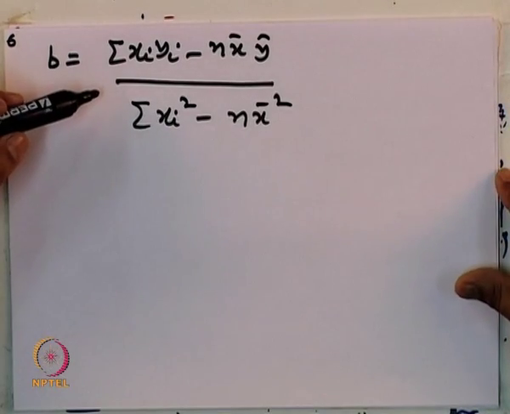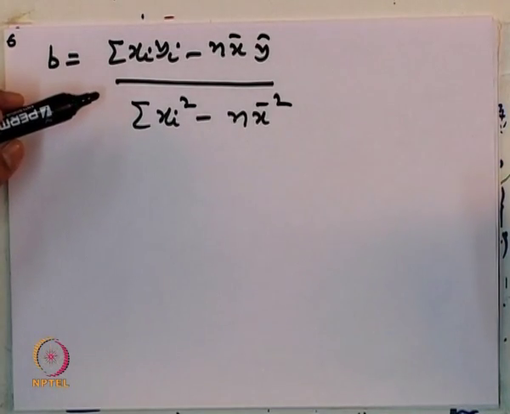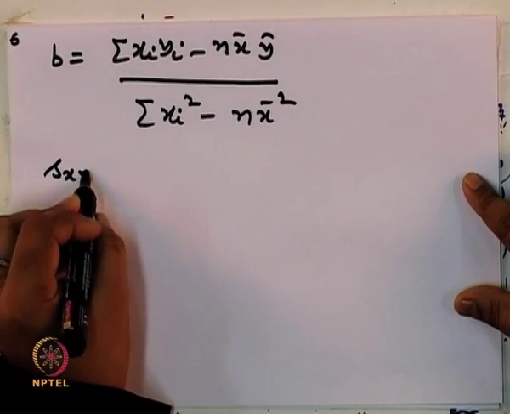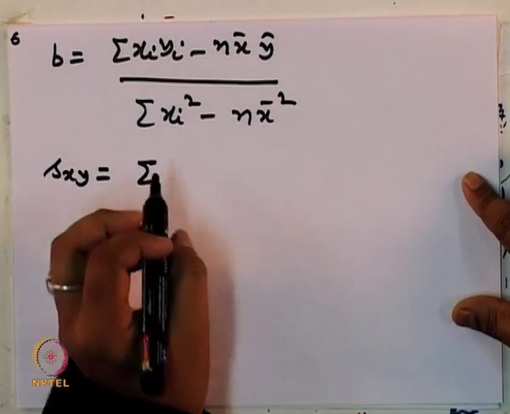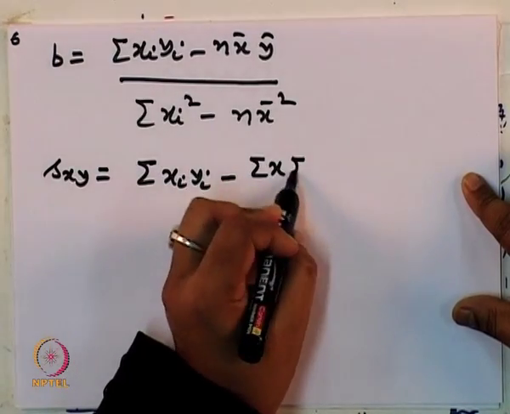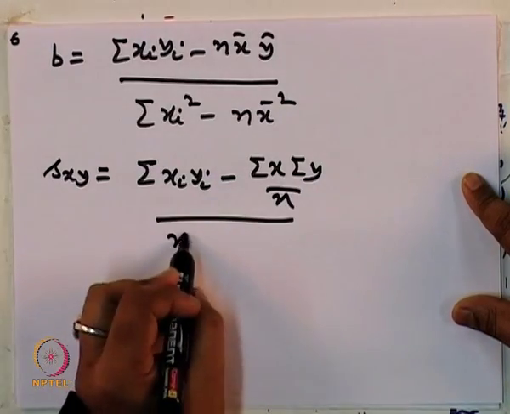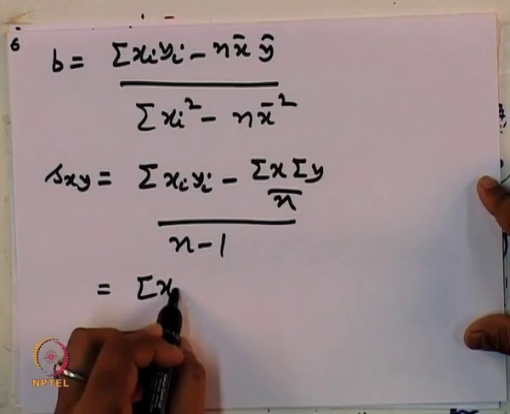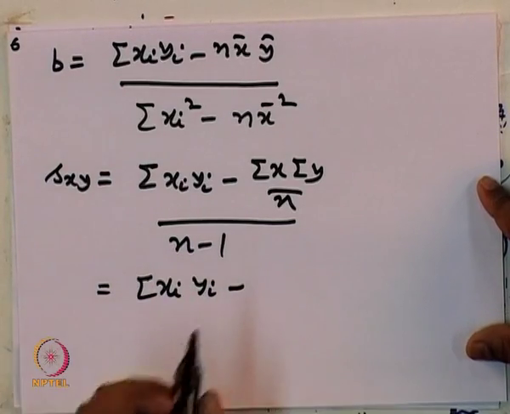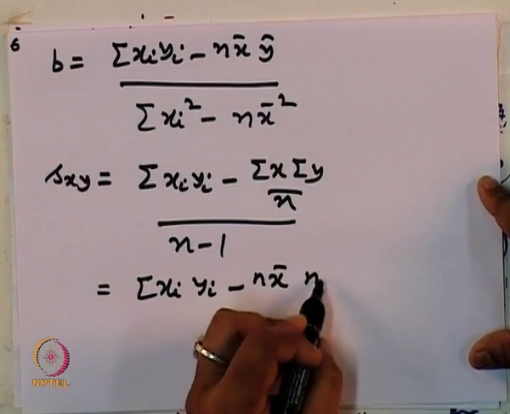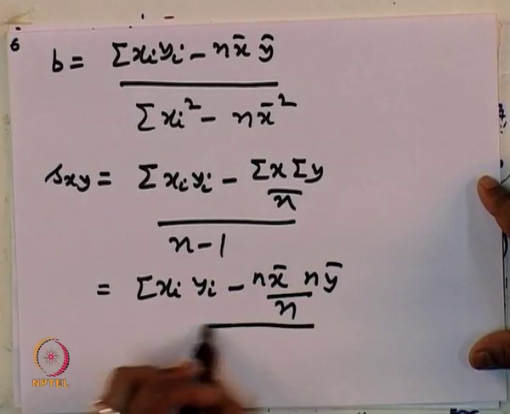Now, can I compare it with some of the definitions of covariance or correlation coefficient? So, let me write down the expression for covariance that we determined. S x y is equal to summation xi yi minus summation x summation y by n whole divided by n minus 1. Okay. So, you can clearly see, so I can rewrite this equation. So, I can write summation x as n x bar, summation y as n y bar, and by n minus 1.